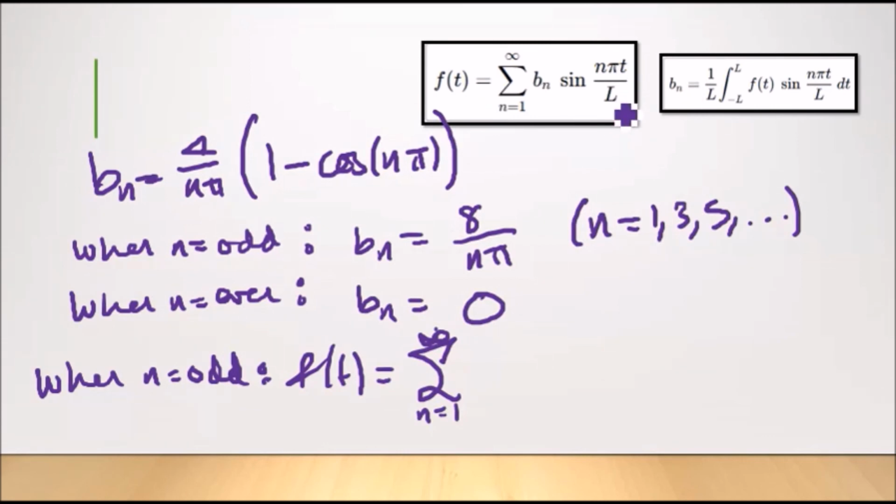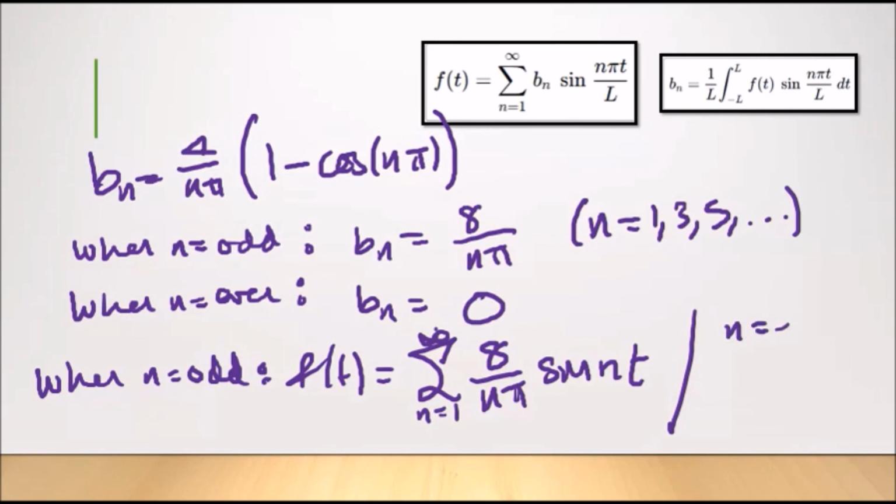Just look at this one here: since L is pi, these two cancel out, so we're left with 8 over n pi times sine nt, and that's it. That's really it. Obviously when n is even, the function is going to be 0, because bn is 0, and 0 times this will give you 0.